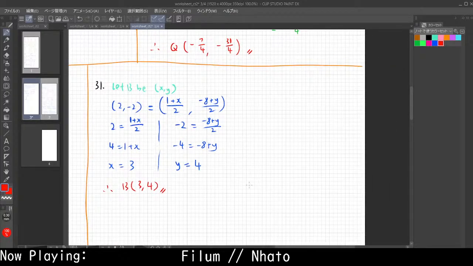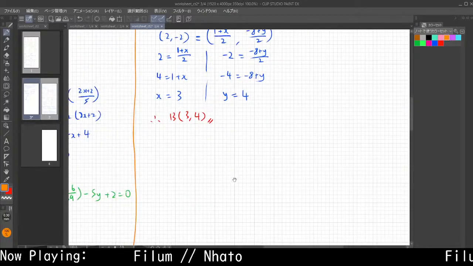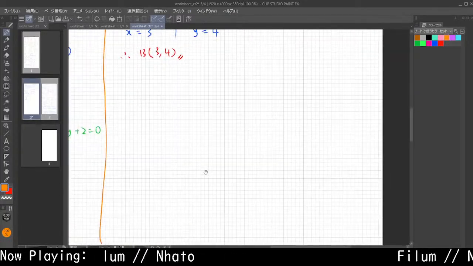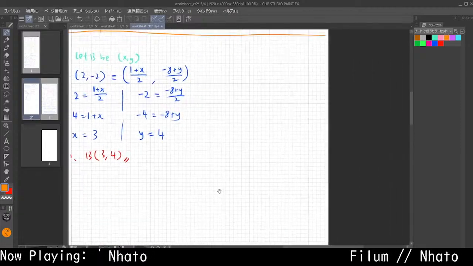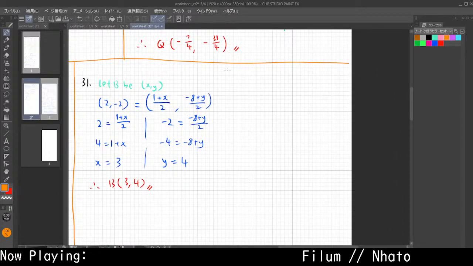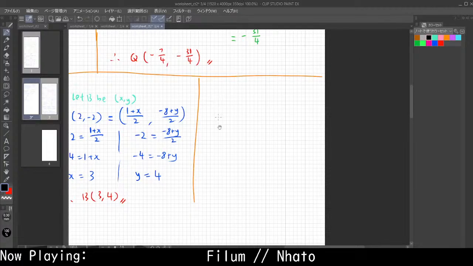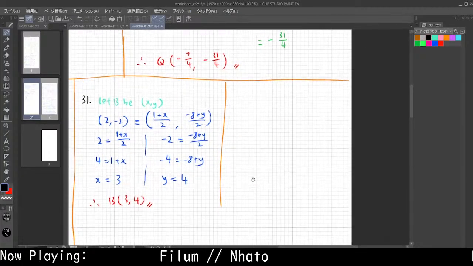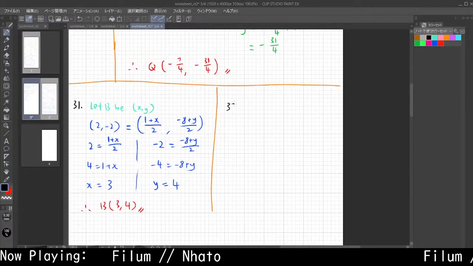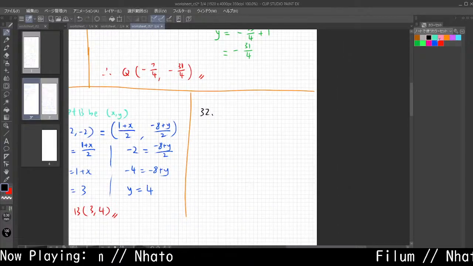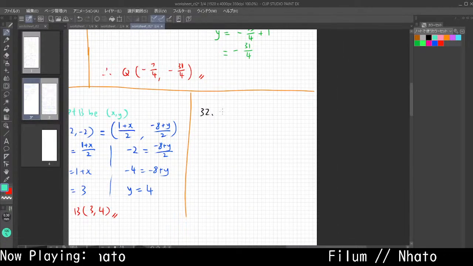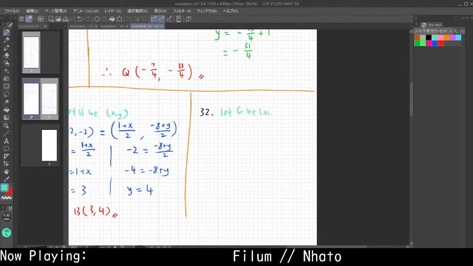Okay, you see what I mean by this question is easy. Imagine that this gives you 3 marks. Same scenario. Let G be x comma y.